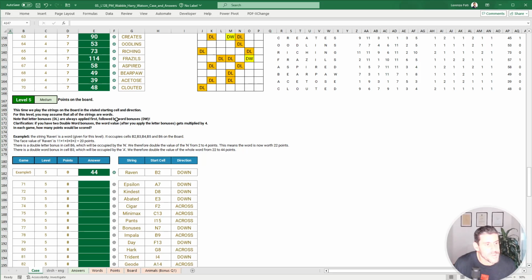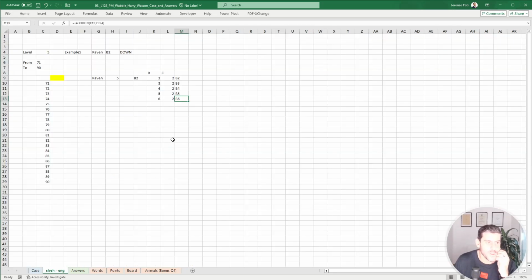You may assume that all of the strings are words. I'm not checking actually if this fits the grid. Let's assume it does. So if I do an INDIRECT of board, and this I will give the multipliers. I will have a transpose of my word split.